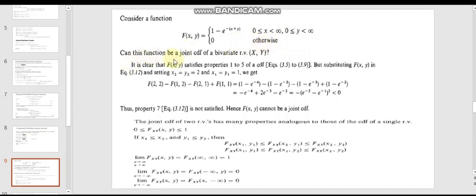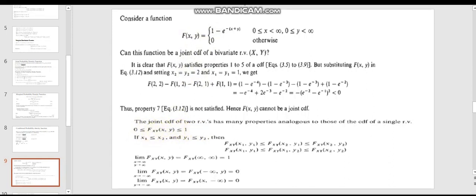Can this function be a joint CDF of bivariate random variables x and y? To ensure whether this function is a joint CDF or not, we have to check whether it fulfills the properties which we have already defined. The first property is that the joint CDF is greater than or equal to 0 and less than or equal to 1.